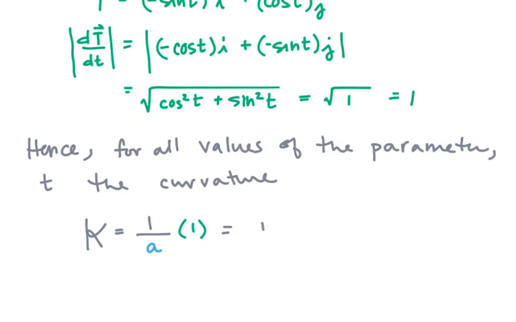So we end up with 1 over a, or rather 1 over the radius, because this was a circle of radius a. So this formula should make sense, or it should work.